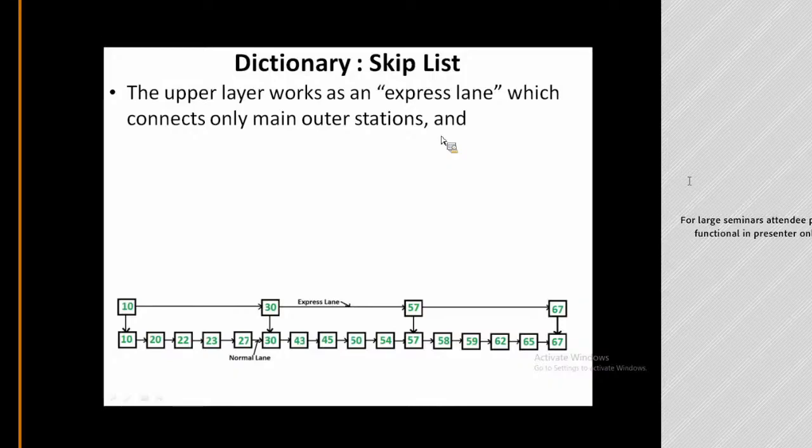For example, let us take our KMIT. You get on at Narayanguda and then you spread further to the surrounding areas. So the express lane is Narayanguda.